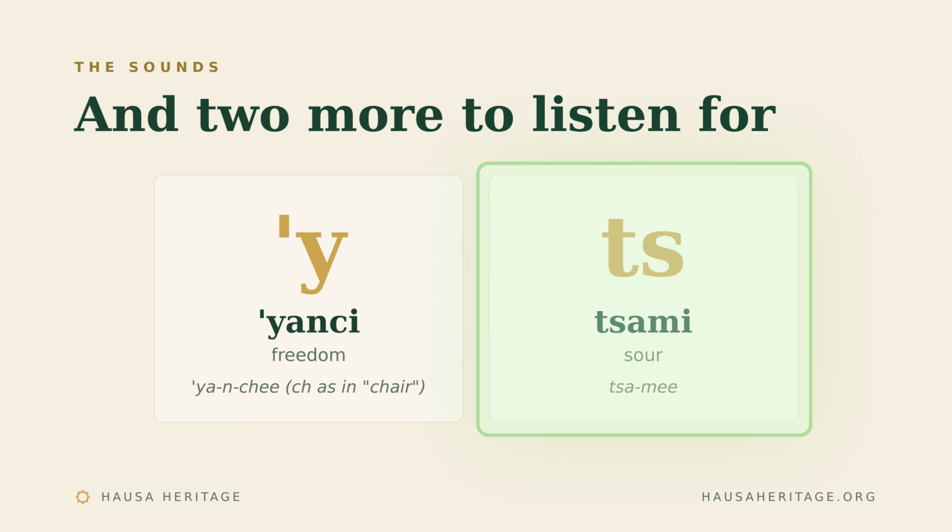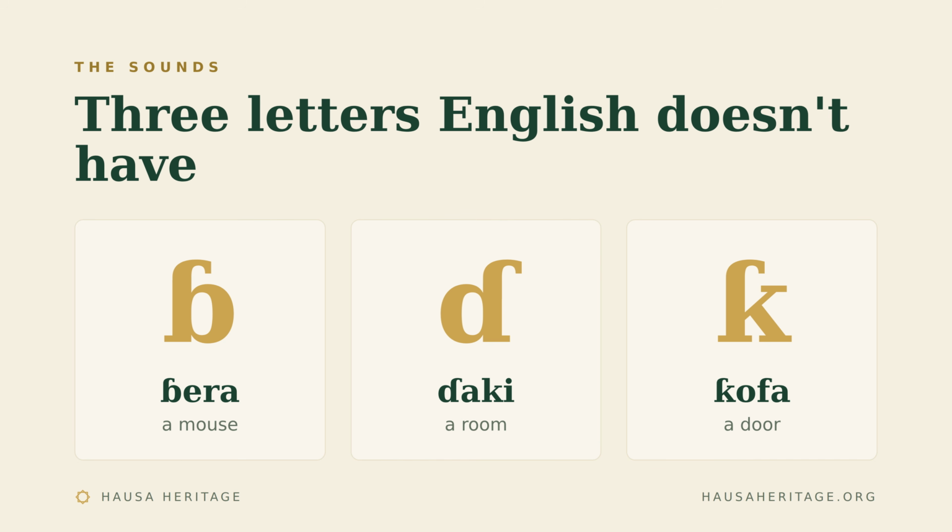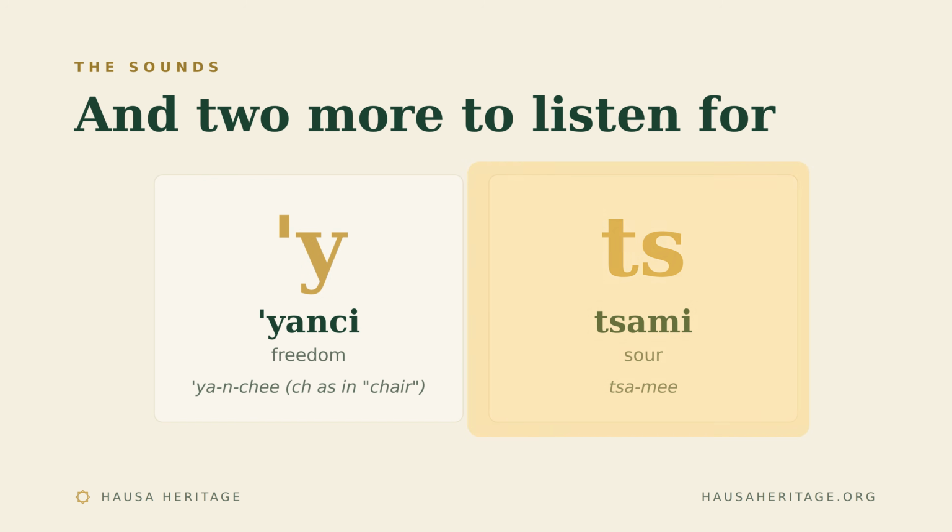It is not a t and s, it is a ts, as in tsami. Tsa, mi, which means sour. So the 5 sounds are ɓa, ɗa, ƙa, ʼya, and tsa. You do not need to master them today. Just begin to recognize them.